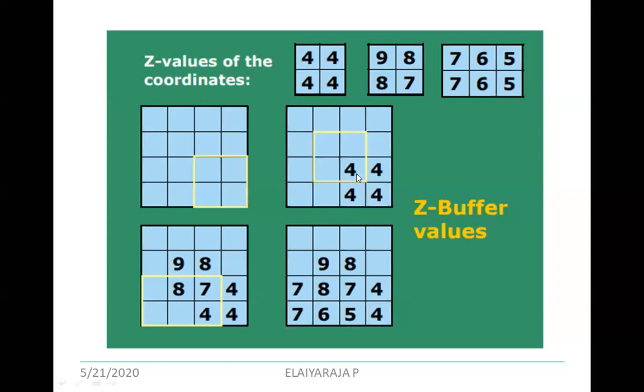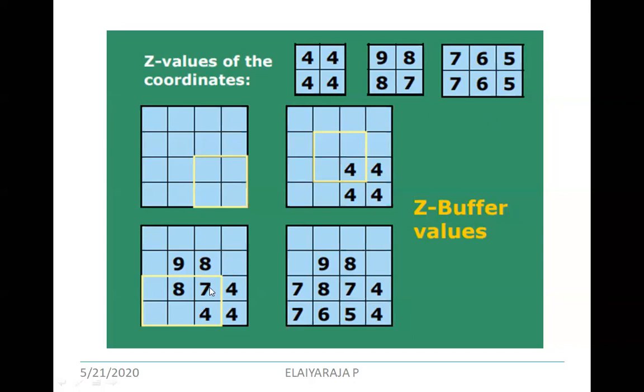The value is, you can see, greater than or less than the current pixel value. Your z value is 7, which is greater than the current pixel value. So this 4 will be replaced with 7.